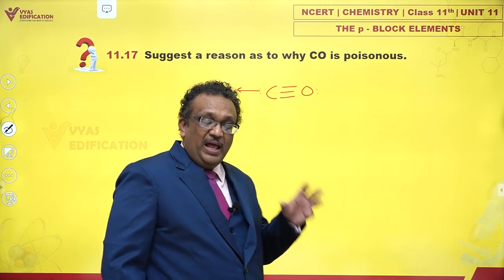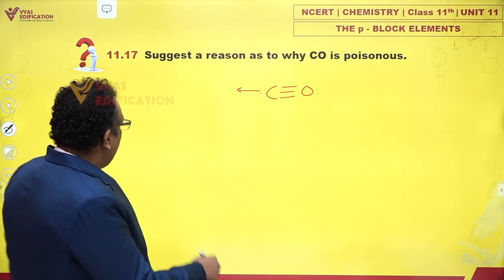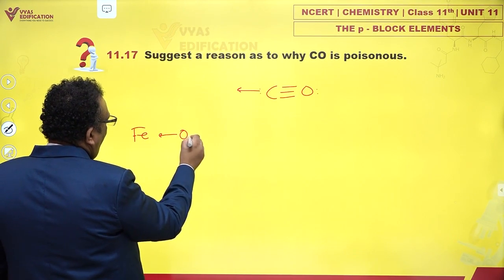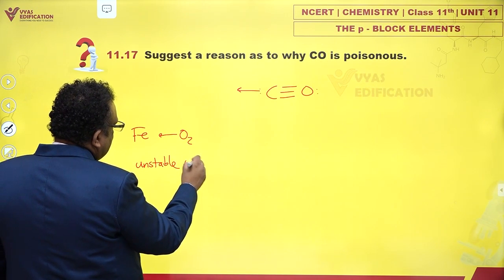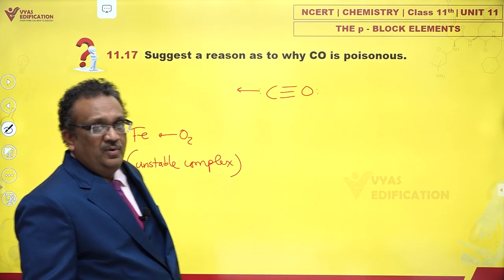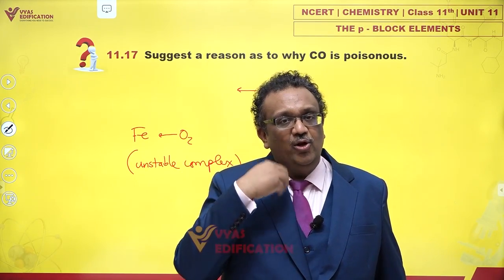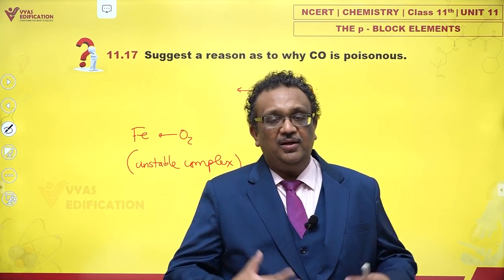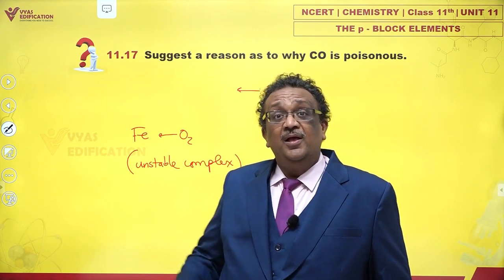And hemoglobin actually contains an iron atom at the center. And this iron atom in hemoglobin forms an unstable complex with oxygen. Why? When you're breathing, you're taking oxygen or air within your lungs, and within your lungs, your heart is always pumping blood. So this blood comes in contact with oxygen from the atmosphere.